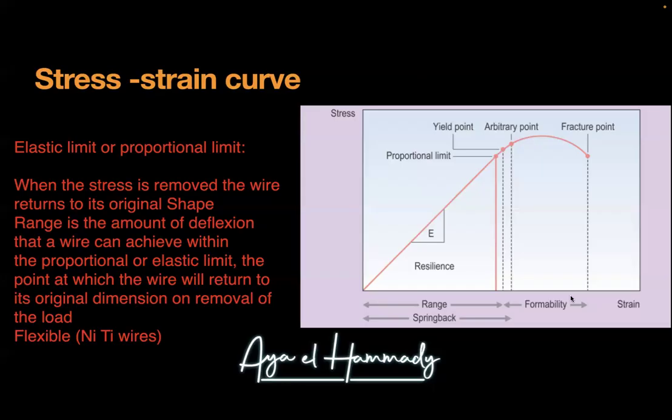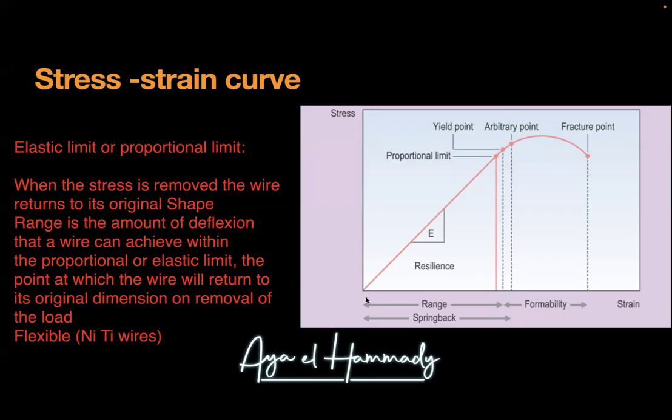Is it clear? So I need to know how to balance between the stress and the strain. So here, let's memorize these parts. This is the line of stress and this is the line of strain. The amount of stress I give to the material will appear like here.